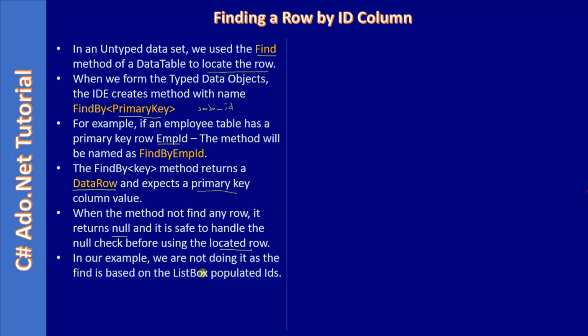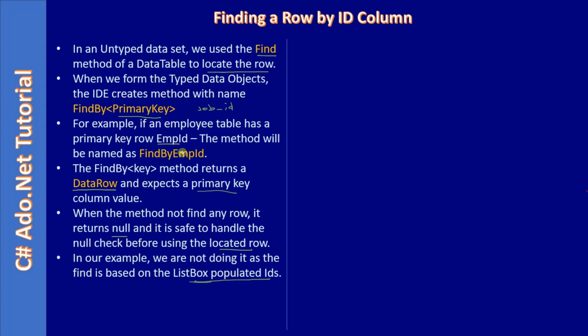In our example, we are not doing it. That means we are not doing the null check, as the find is based on the list box populated ID. In our list box, we populated the ID, and the IDs are picked from the database and populated. So definitely the ID exists. We know that.